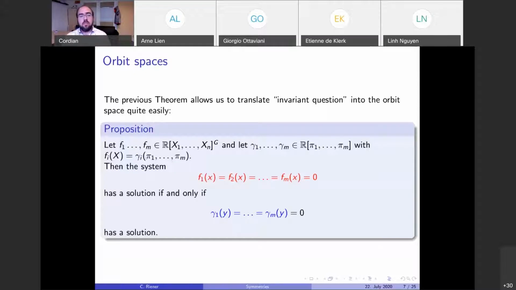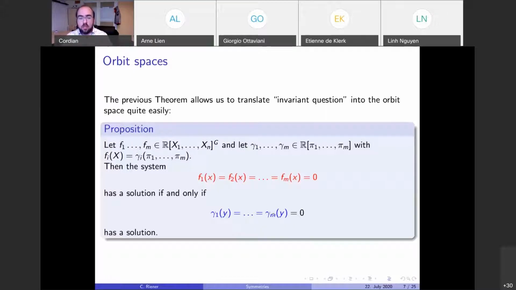And then what we see from the previous theorem is that if we have a solution of the system of equations f_1 of x equals f_2 of x equals f_m of x equals 0, then we need to have also a solution of the system gamma_1 of y equals 0, and so on to gamma_m of y.